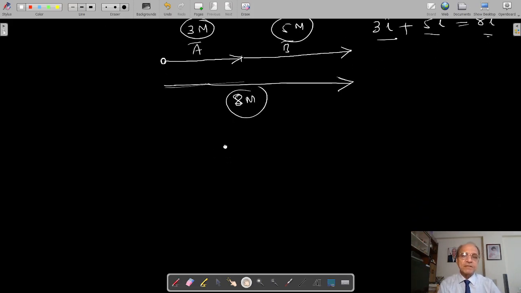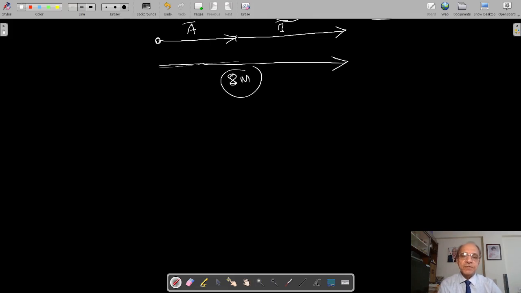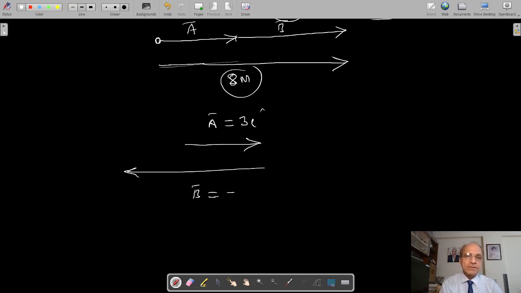But if the vectors were, let's say, in the opposite direction, so this was A, and B was in this direction. Say A was 3i and B was minus 5i. Then what will be A plus B?